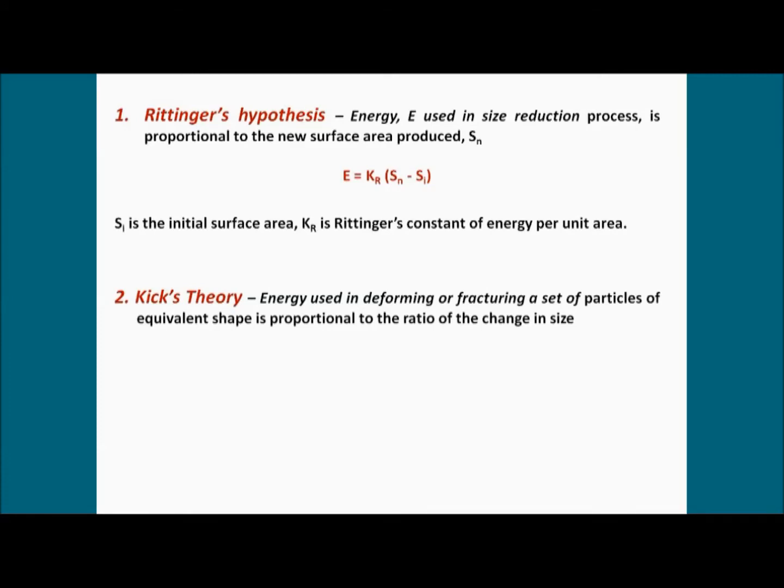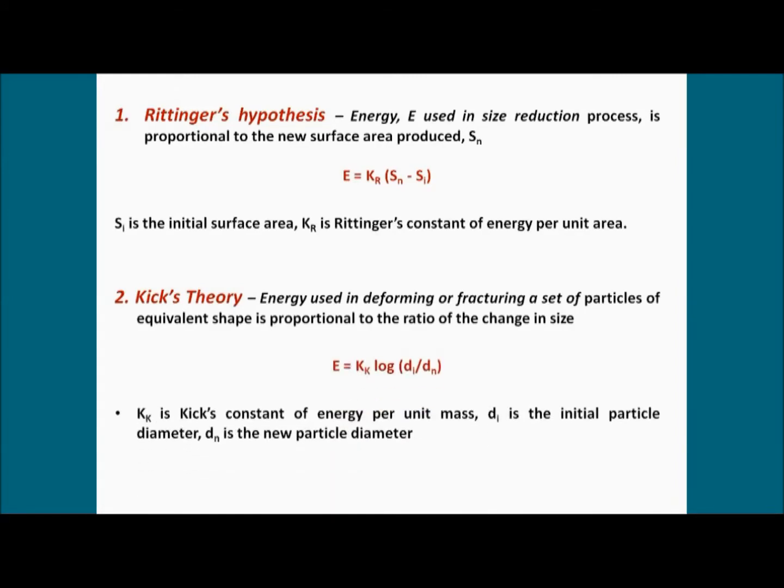The energy used for deforming or fracturing these balls is proportional to the ratio of the change in size. So as per this theory, E is equal to Kk log (di divided by dn), where Kk is the Kick's constant, the energy per unit mass, di is the initial particle diameter, and dn is the new particle diameter.